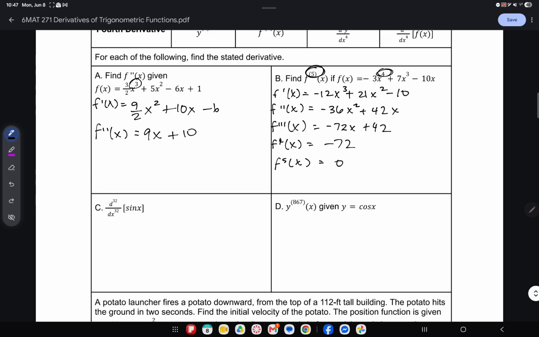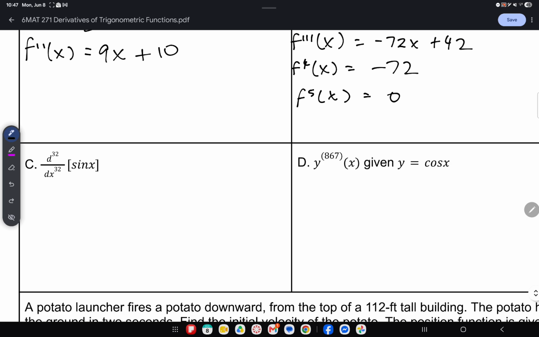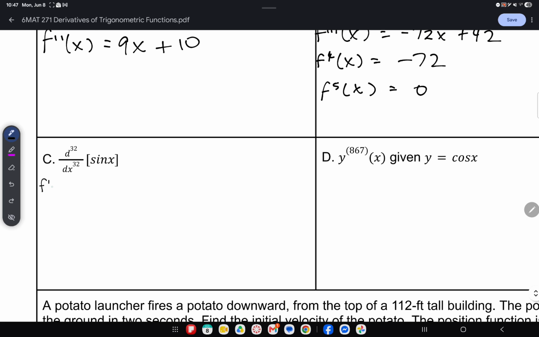And what about these trig ones? Because they might flip-flop, right? So instead of doing 32 derivatives, or like in part D, 867 derivatives, I'm going to do a little trick. Because I think there's going to be a pattern here. So the first derivative is cosine. The second derivative is negative sine. The third derivative is negative cosine. And then the fourth derivative is back to sine, right?